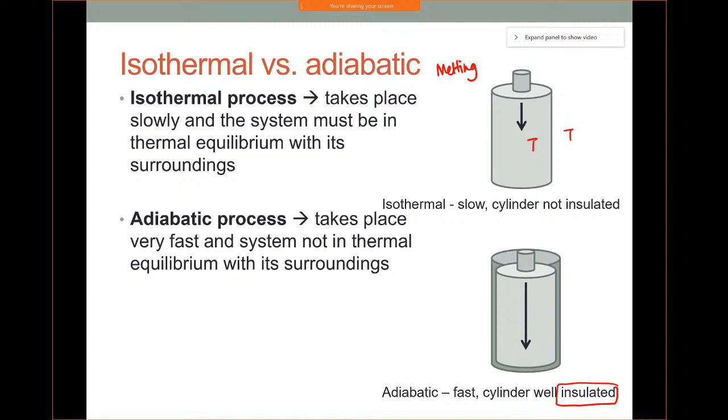Let's say you have a bottle here, and you insulate it, so it prevents heat from entering or going out. However, there will be a change in the temperature inside. So there is no heat going in or going out.